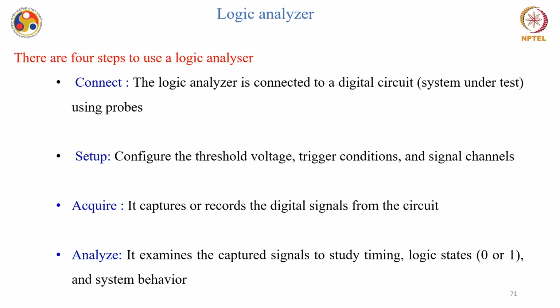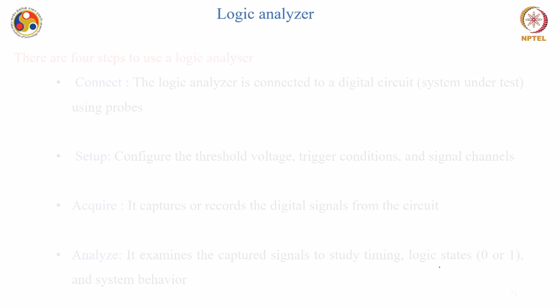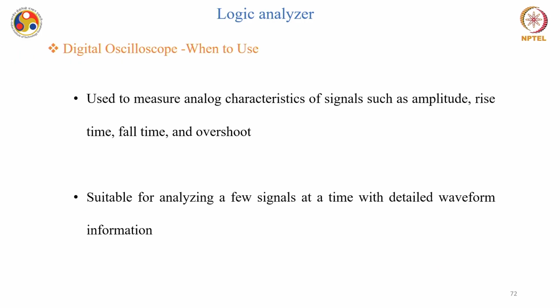Second step is the setup, where we configure the threshold voltage, trigger conditions and signal channels. Third is acquire, where we actually capture or record the digital signal from the circuit. And the final stage is analyze, where it examines the captured signal to study timing. We already have a threshold voltage in the setup stage, so it can now make decisions about logic states, and then it can also tell about the system behavior.